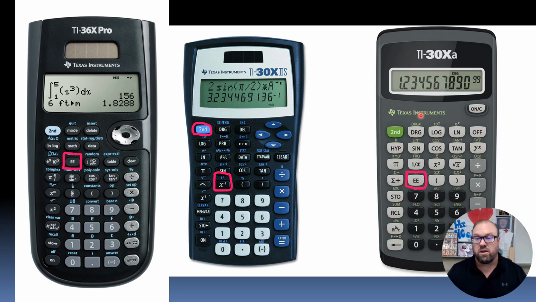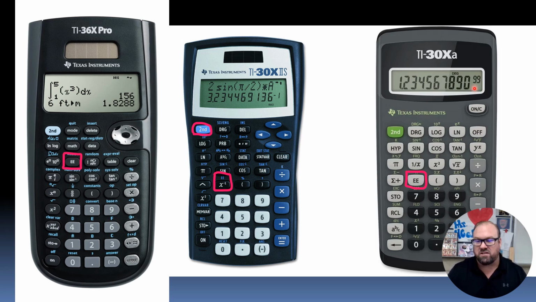This is another nice one, and this one's pretty straightforward and simple, the TI-30XA, and it's got the EE button right here. There's no second button or function button required to press. This one's a little bit weirder because the way it shows it, it'll show your exponent here, so this is scientific notation, and that's really times 10 to the 99.